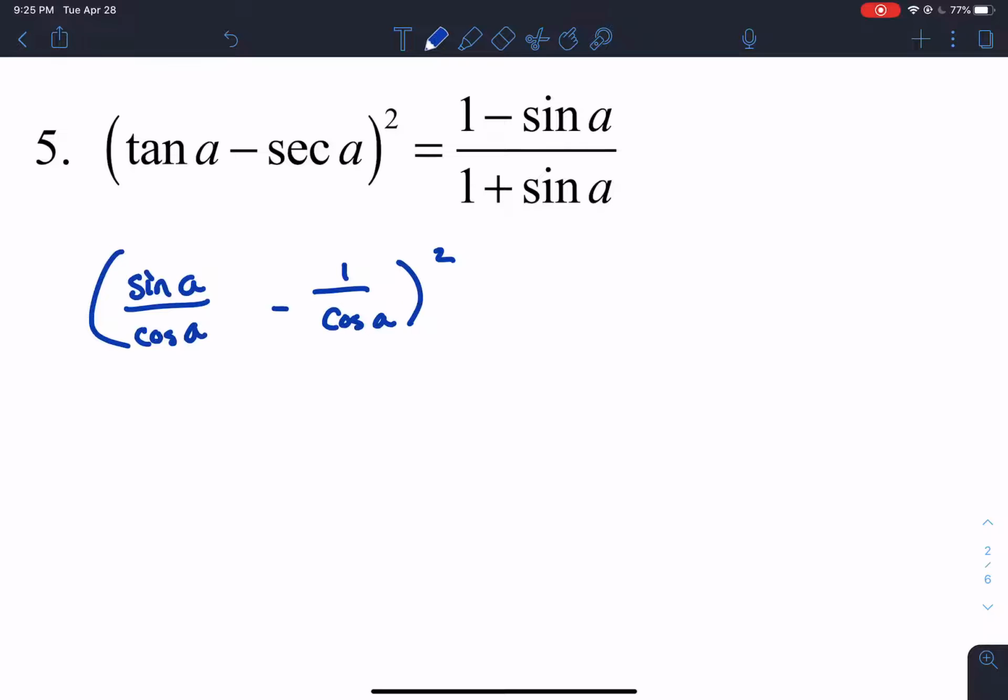Now if I put that together, that's going to be sine of A minus 1 squared over cosine squared. You can make it one fraction, and then if you square both the top and the bottom, that's what you're going to get.